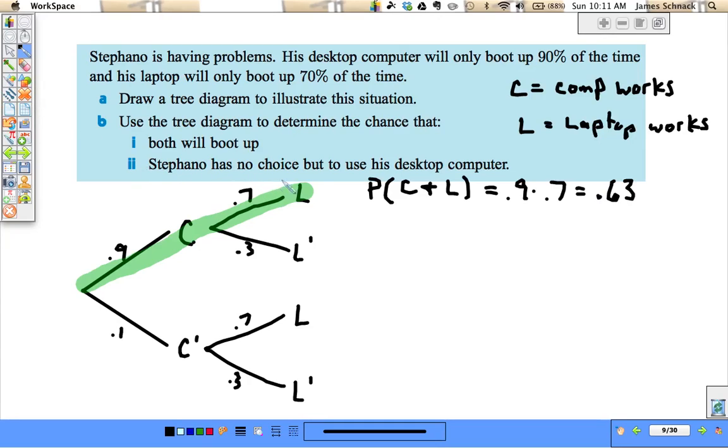Stefano has no choice but to use his desktop computer. Okay, so we have to do a little interpreting here. Probability that the desktop works, but the laptop doesn't. So probability that the computer works and the laptop doesn't.